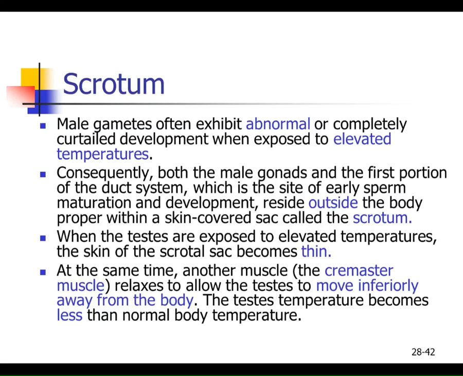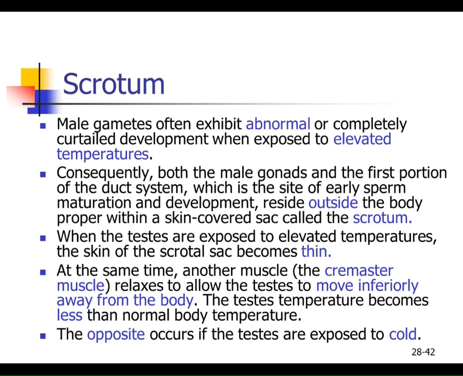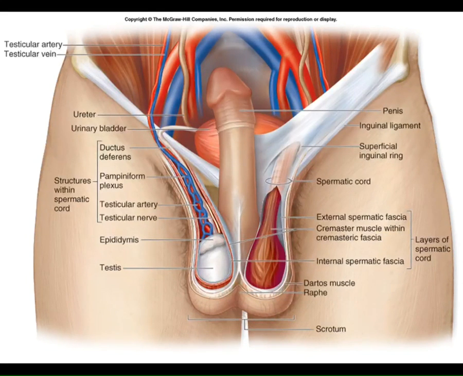So there is a muscle along the testes called the cremaster muscle. And the cremaster muscle is going to help regulate the body temperature and the sperm producing temperature. And it's going to pull the testes closer to the body when it's cold. And it's going to relax and move the testes away from the body when the testes are too warm. So there's two muscles here.